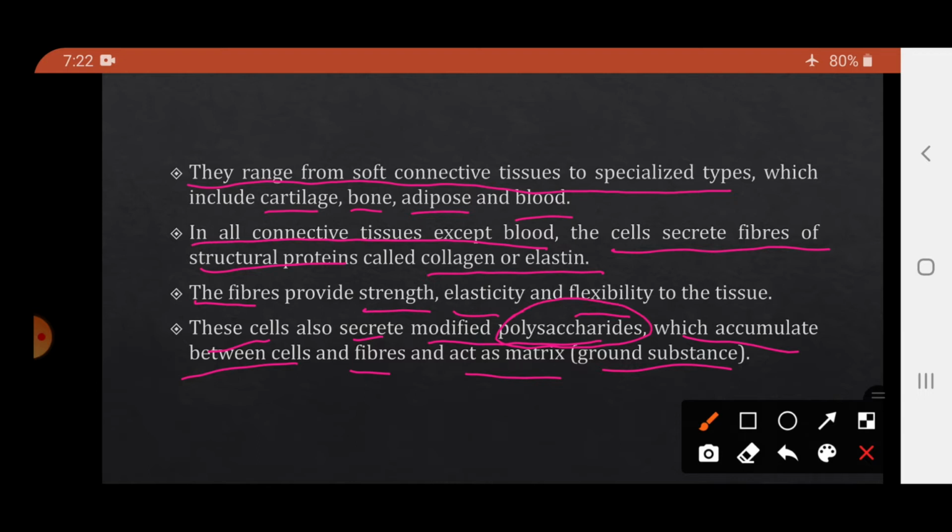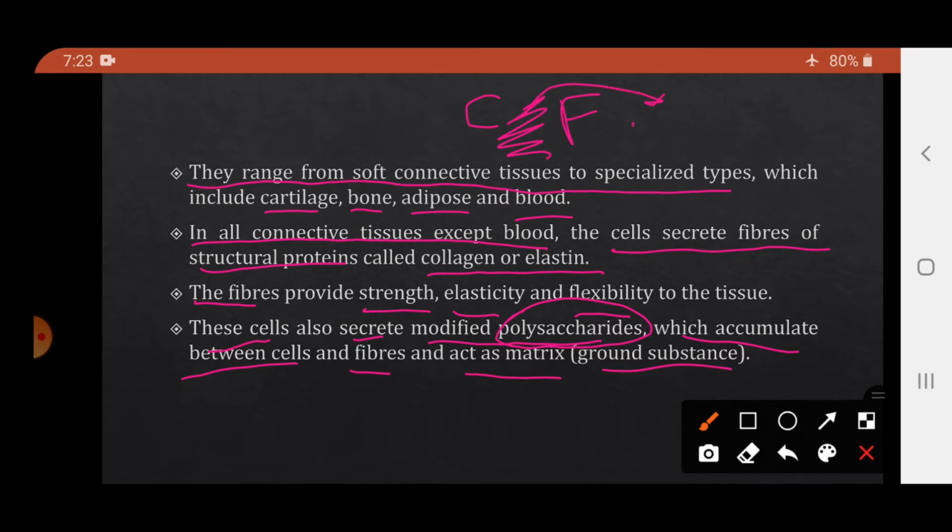Now this polysaccharide accumulates between the cells and the fibers. The cell secretes the fibers as well as the polysaccharides. These fibers and polysaccharides get accumulated in the intercellular space.